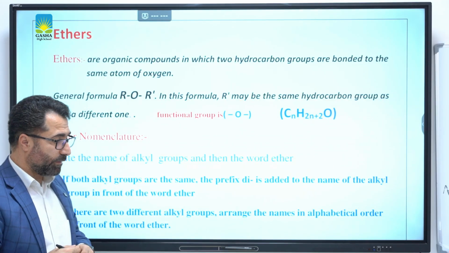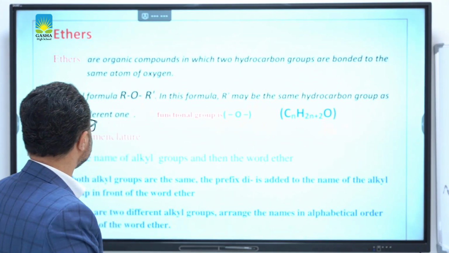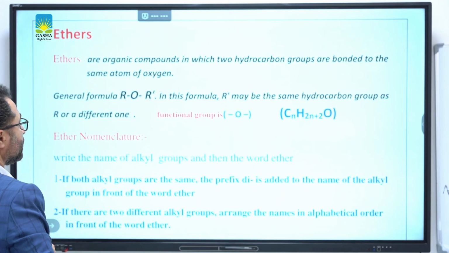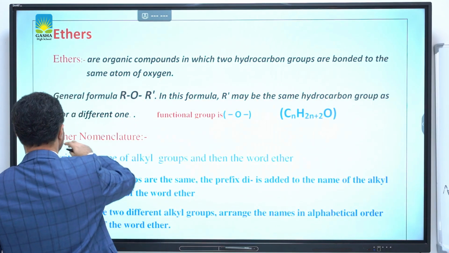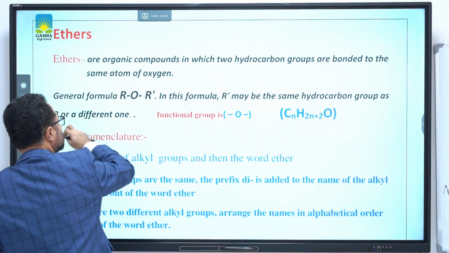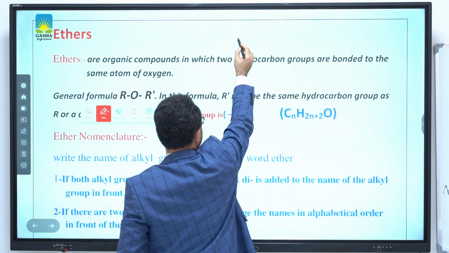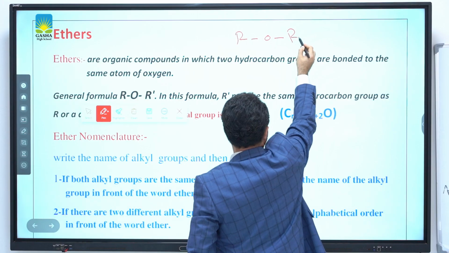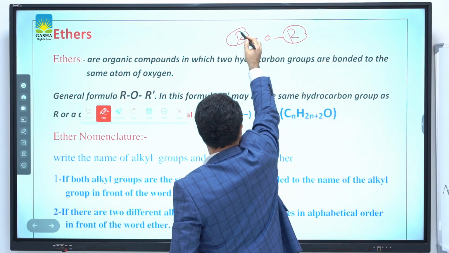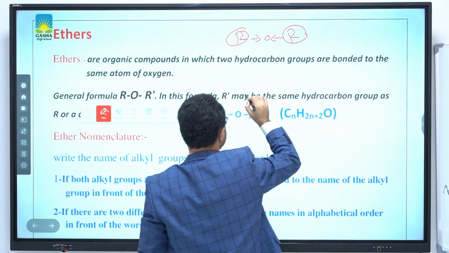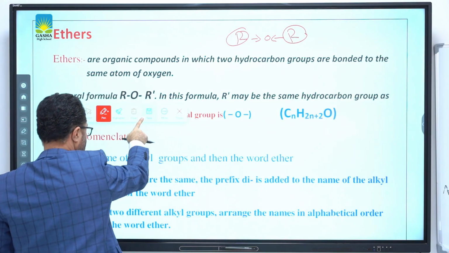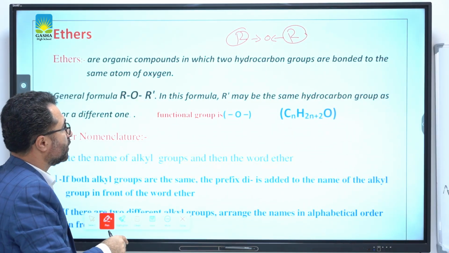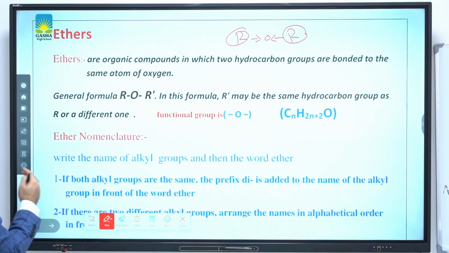The other organic compound is ethers. Ethers are organic compounds in which two R groups are combined to the same oxygen atom at the same time. Yani R, O, and R. Two R groups are combined to the same oxygen atom directly. Okay, so it will be ethers.